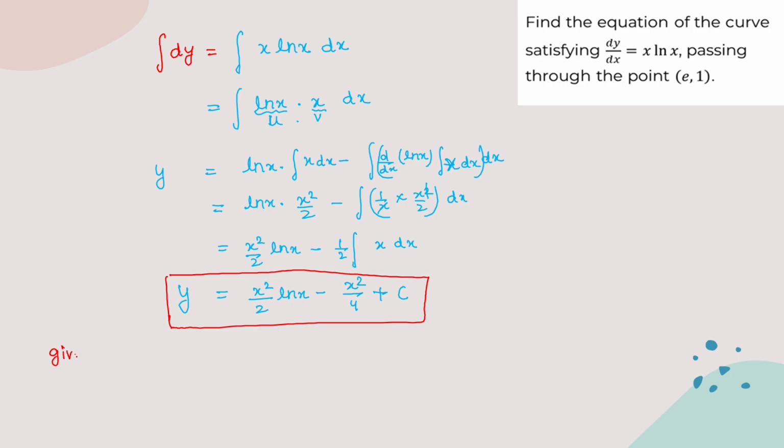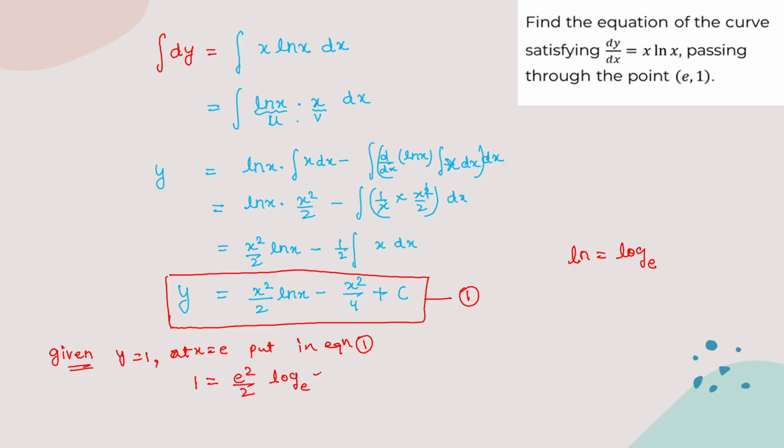It is given that y is equal to 1 at x is equal to e. So y will be equal to 1; put this in equation 1. That's how you'll get e square by 2 into ln e minus e square by 4 plus c. ln is nothing but log natural, so the base is e, so this is log base e, and the x value is e.